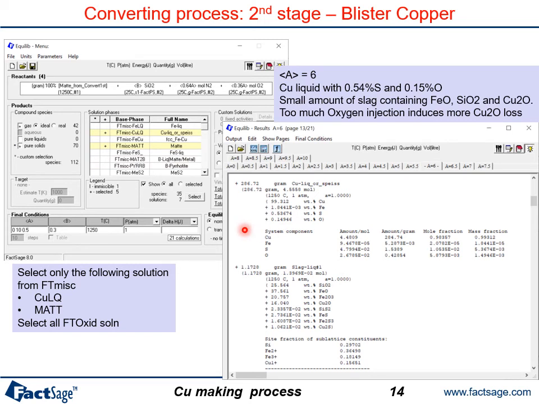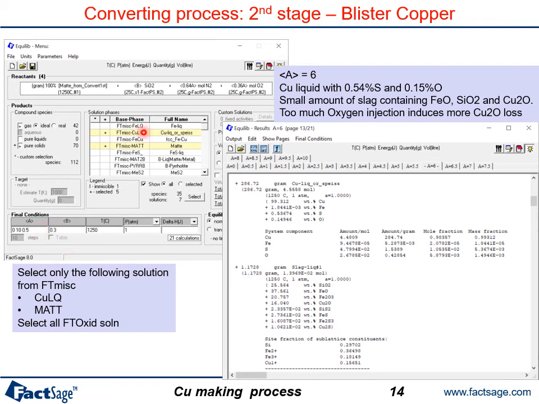Okay, so we save that, and now we go to the second stage to make the blister copper. So we took that stream. We input the stream file of the matte, the 80% matte we just made, and we are also adding a small amount of SiO2, and then the nitrogen-oxygen gas like this.